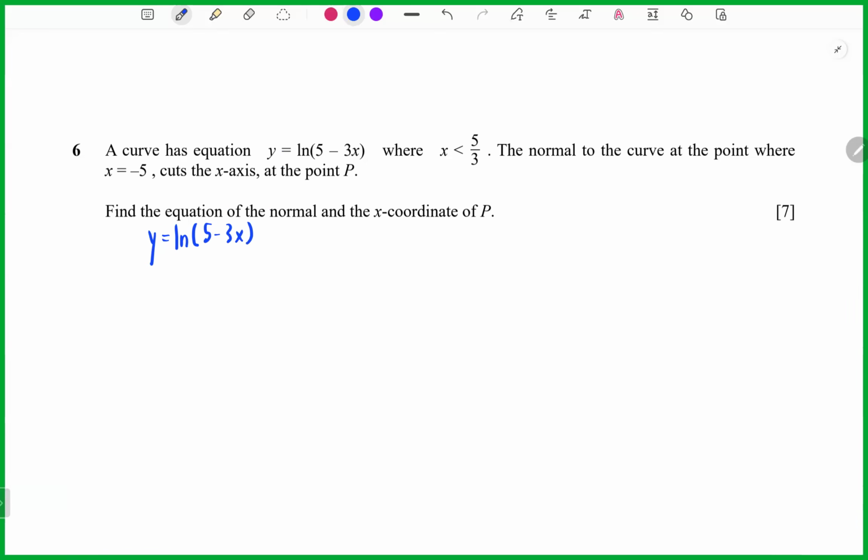Okay, so I try to sketch out the curve. Maybe the curve will look like this. Here is ln 5.